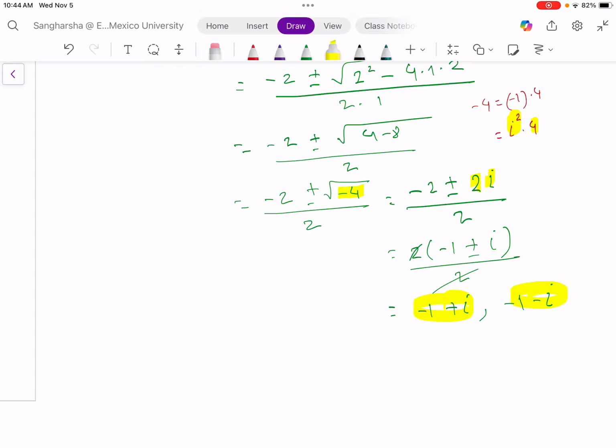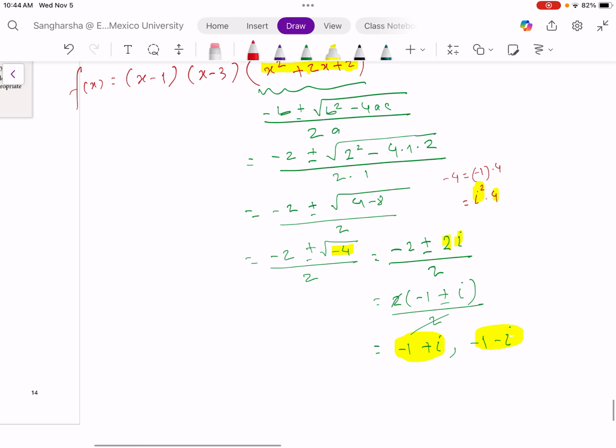These are complex numbers. When we replace our x in that function by these two numbers, we get an output of 0. It means these two are the complex zeros of this function.